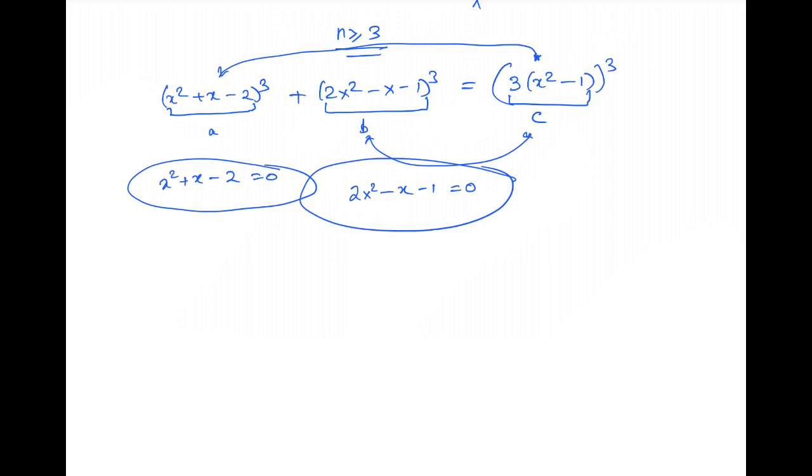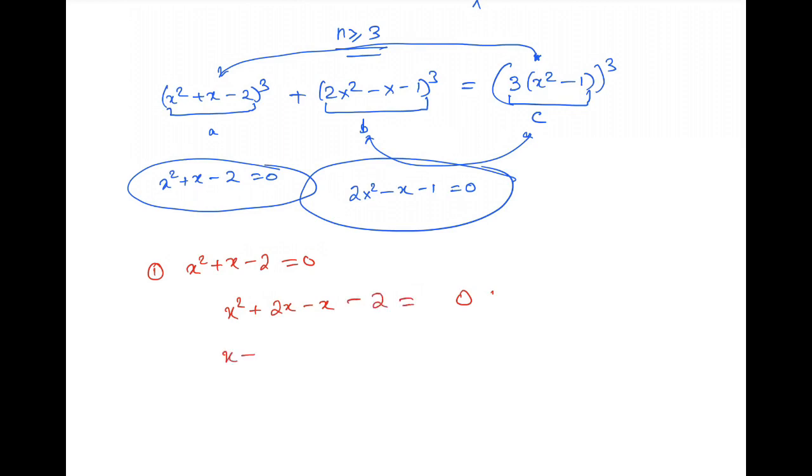Now let's look at the first case. Case 1, x square plus x minus 2 equal to 0. So when is that 0? It's very easy to solve. We can factorize this. So x square plus 2x minus x minus 2 equals 0.